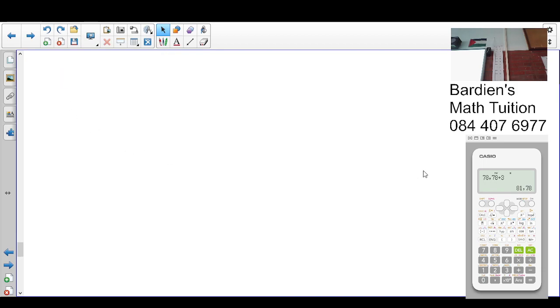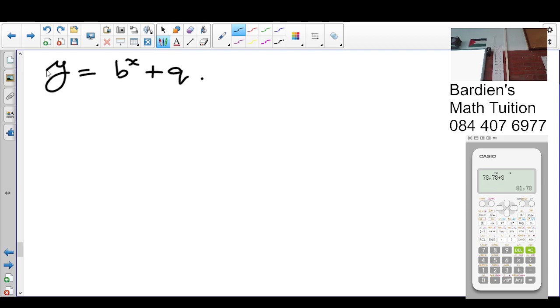So now today we're going to look at graphs in the form of y is equal to b to the x plus q. And what type of graph is this? Y is equal to b to the x plus q. It's going to be your exponential function.